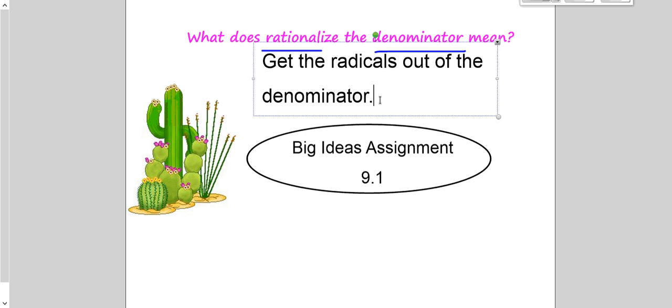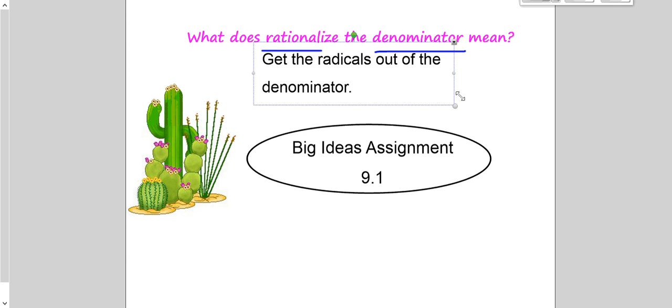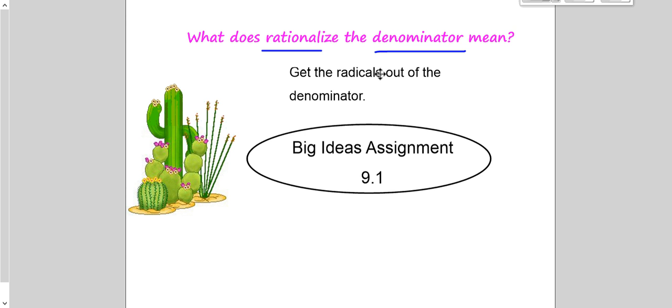That's what it means. When we see rationalize the denominator, it means we can't leave those irrational numbers in there. We've got to get the radicals out of the denominator. Once you've done that, make sure you've simplified. Look at the top and the bottom, the numerator and denominator, and see if there's any more simplifying to do. But always make sure you rationalize the denominator. Do not leave a radical on the bottom.